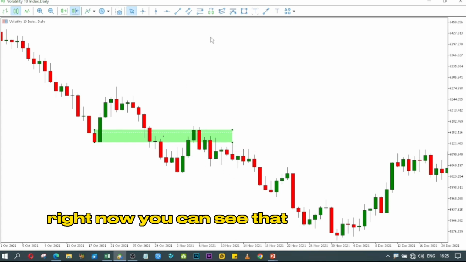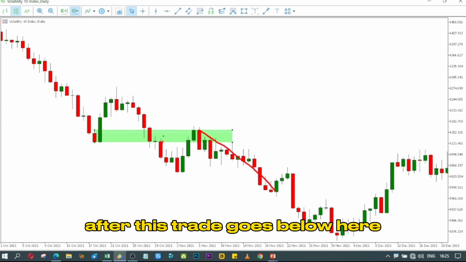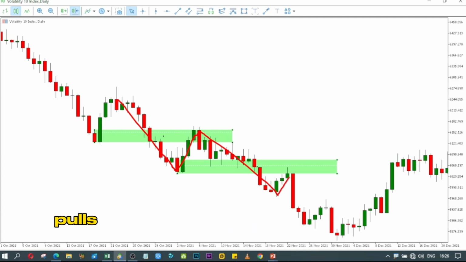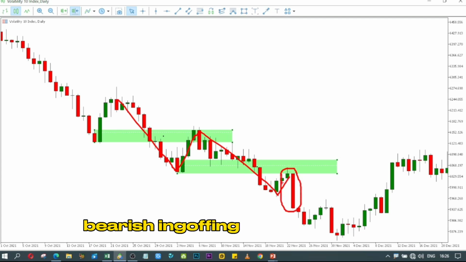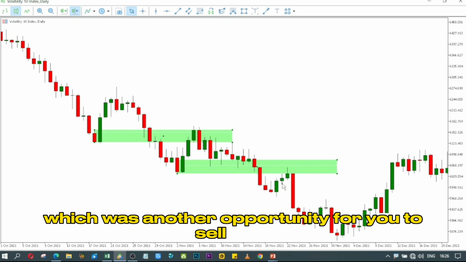Now you can see that the next thing that happened after this trade goes below here, you could again mark this zone again right here. You can see the market makes a move down, pulls back, the move breaks again, pulls back into this, and created this big bearish engulfing candle, which was another opportunity for you to sell, right?